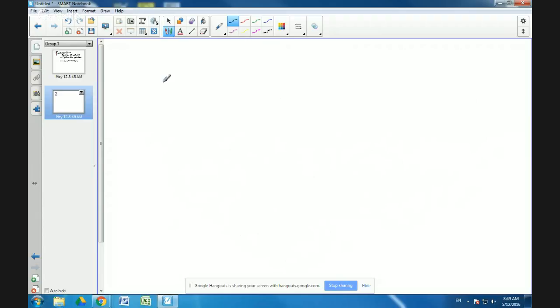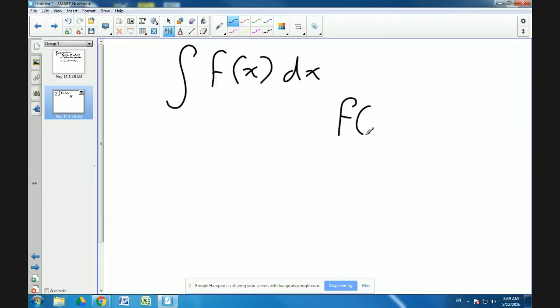All right, so partial fractions are used to integrate rational functions like f of x, when f of x equals p of x over q of x, assuming that both p of x and q of x are polynomials.